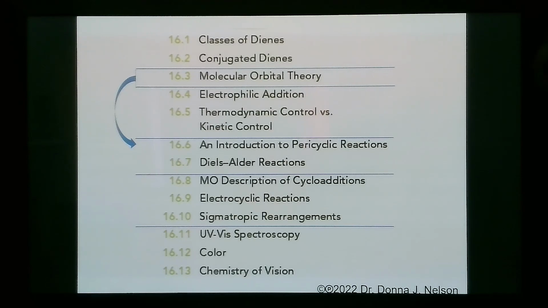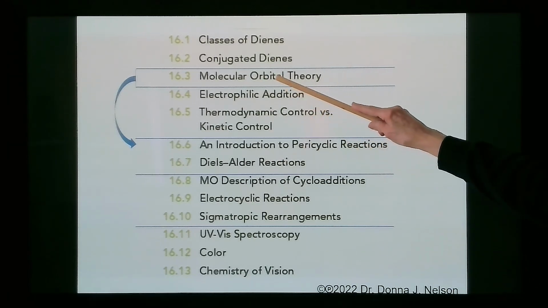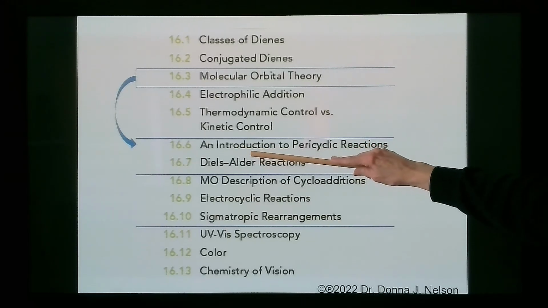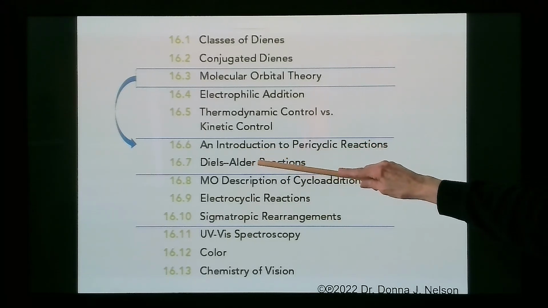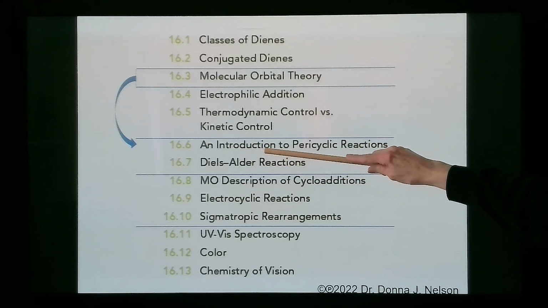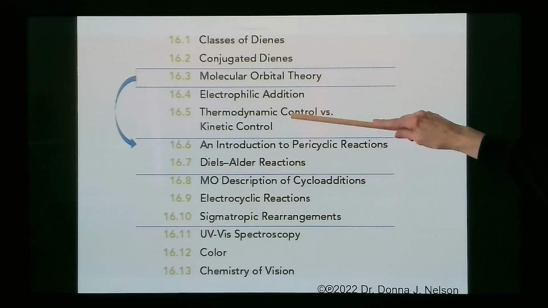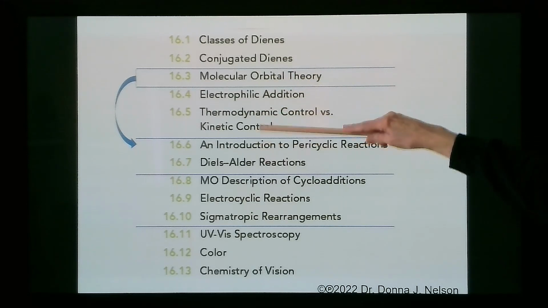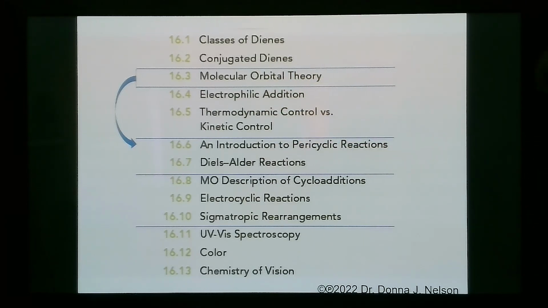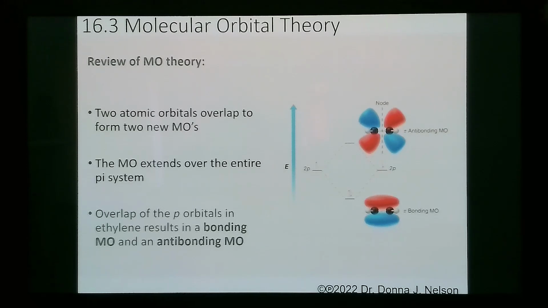And so we're going to start out now with the molecular orbital theory, because the molecular orbital theory fits and is required by these discussions of pericyclic reactions rather than these charge-controlled reactions that go through carbocations. So let's look at this.